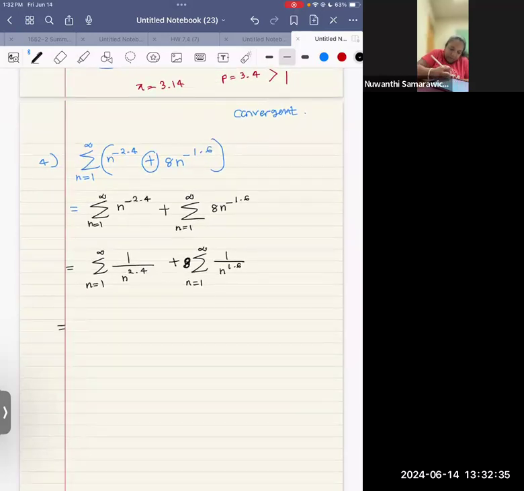Okay, now separately, this is convergent. Why? Because p is greater than 1. Here, this is also convergent. Why? Because here you see p is greater than 1. So both parts are convergent. We can say the whole series is convergent.